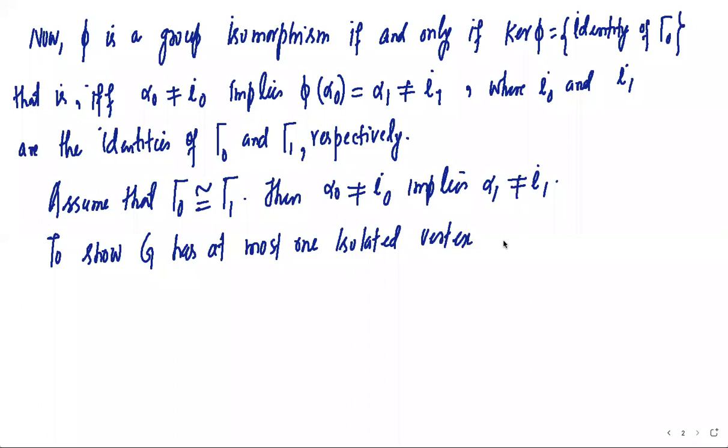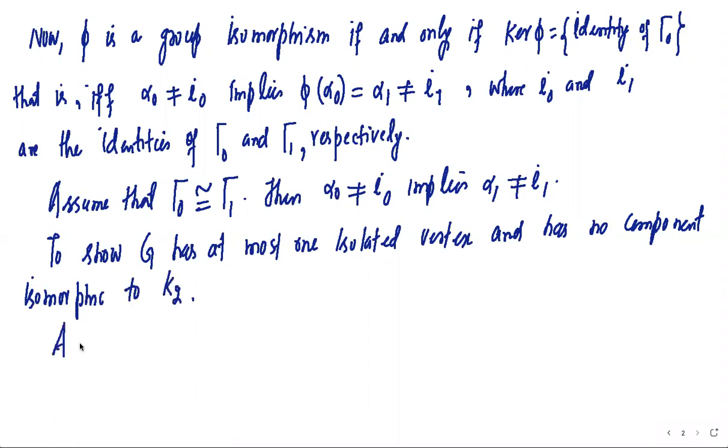and has no component isomorphic to K2. Assume to the contrary. तो हम दो steps में इसको prove करेंगे.